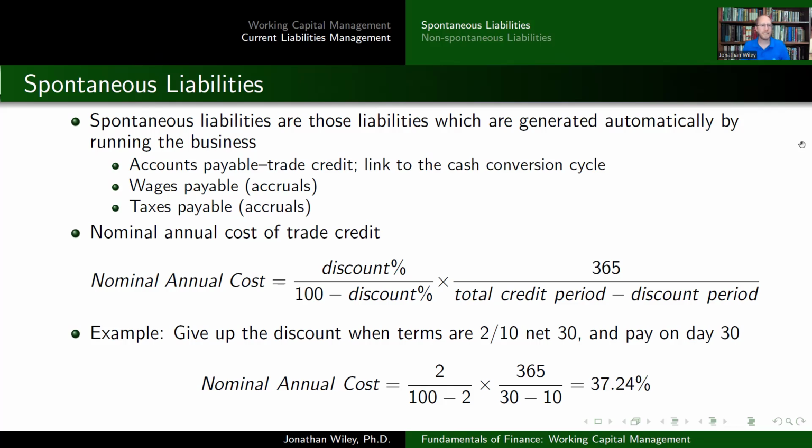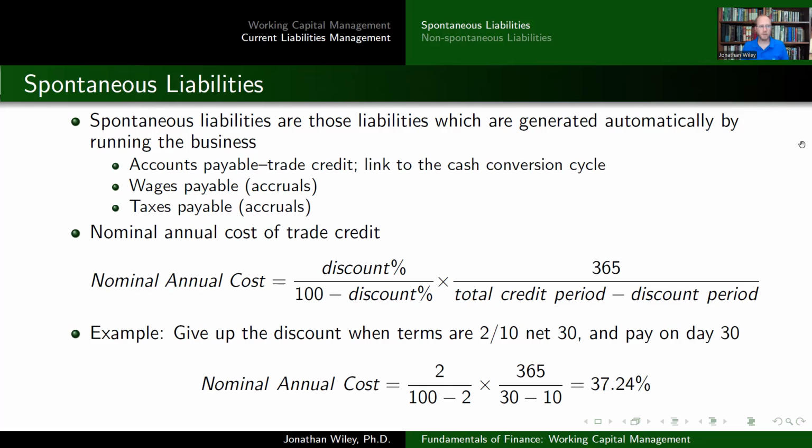Instead of viewing this as a discount, I'm going to view it as they're going to penalize me for paying later. So for this first term, the discount would be the discount percentage relative to what I could have paid if I paid in the discount period. I'm showing it as I could have paid this amount, but then they're going to charge me a penalty for paying after the discount period. So I'm recasting this as essentially a penalty for paying late, and that's basically what it is from an economic standpoint.